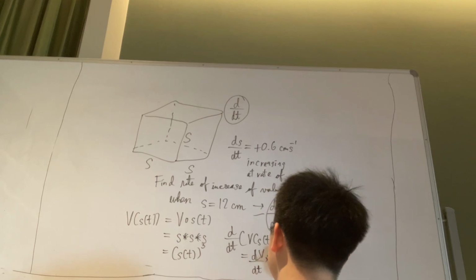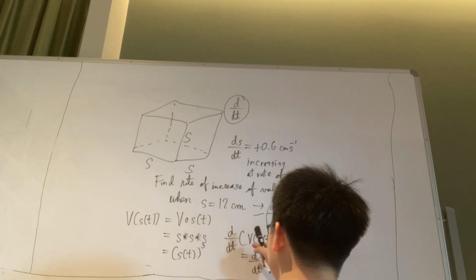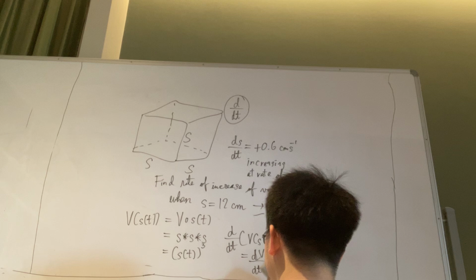Oh yeah, you just multiply together. I'm dumb, sorry. Yeah, because essentially, if you do this, you take the derivative of this with respect to S first, so that's dV over dS.